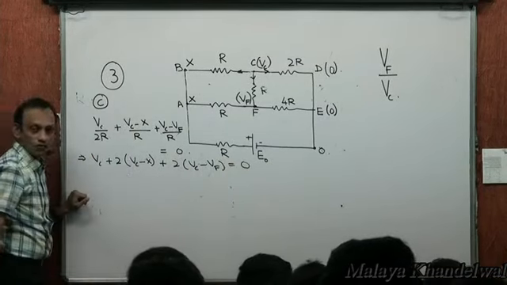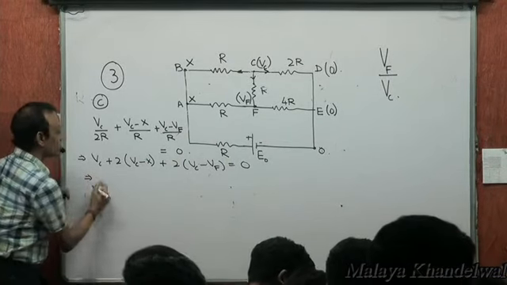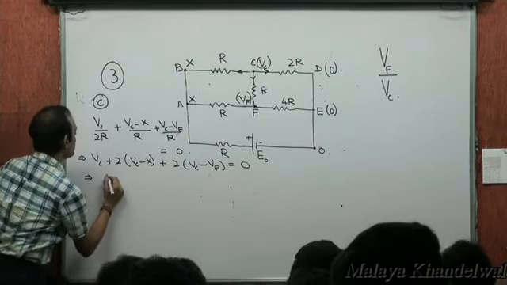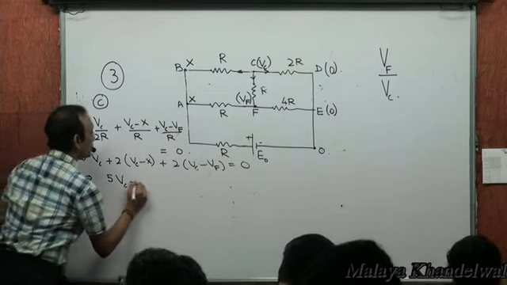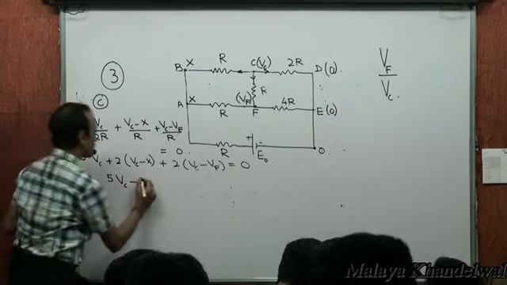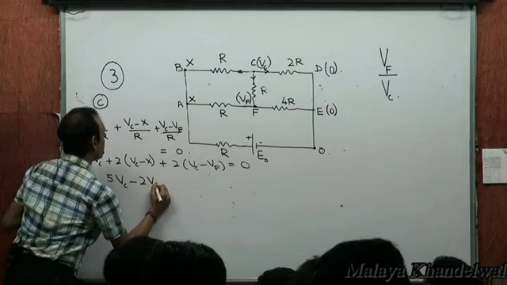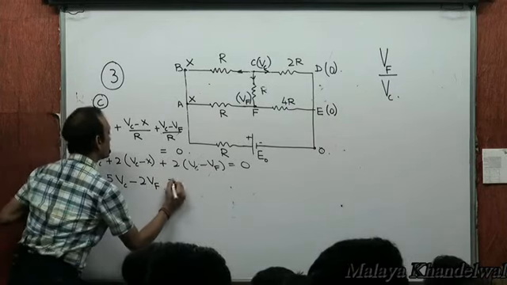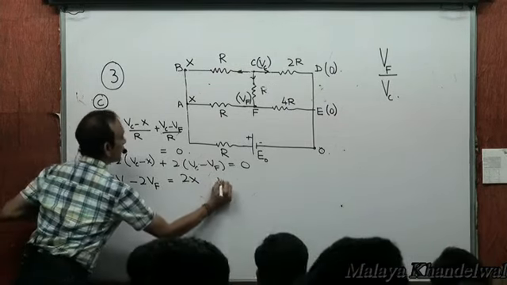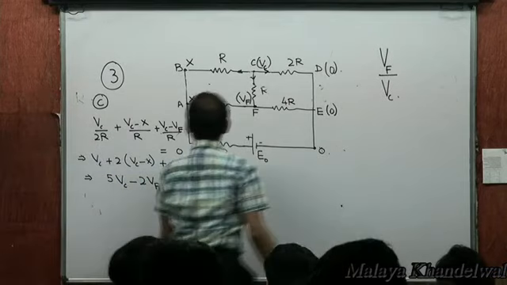Multiplying by 2R throughout, we get 2Vc plus 5Vc minus 2Vf equals 2x, right? That's as far as junction C is concerned.